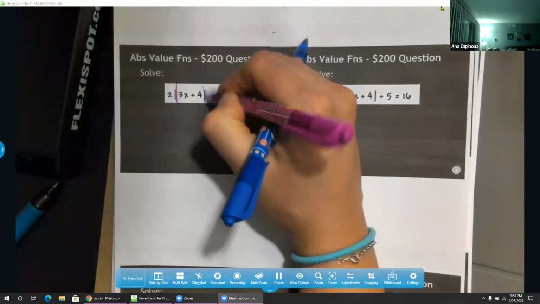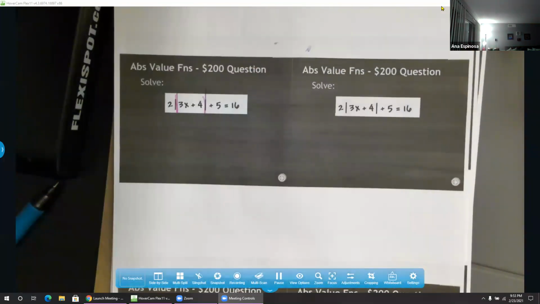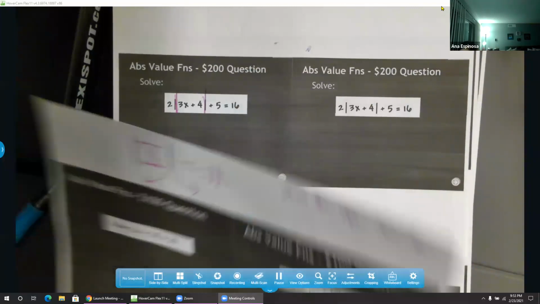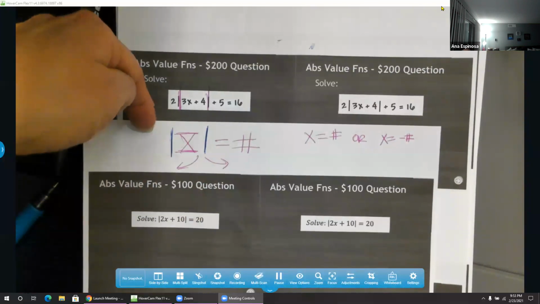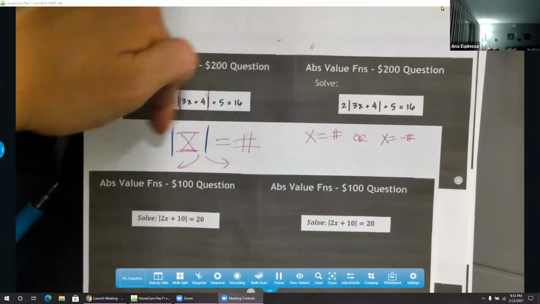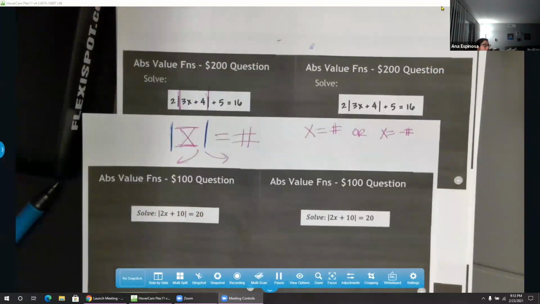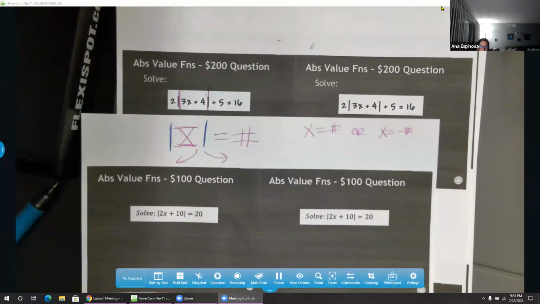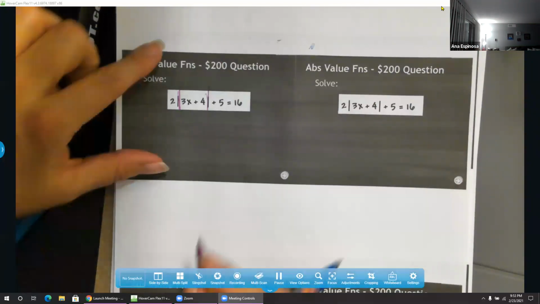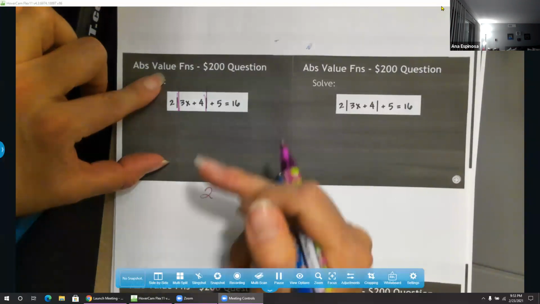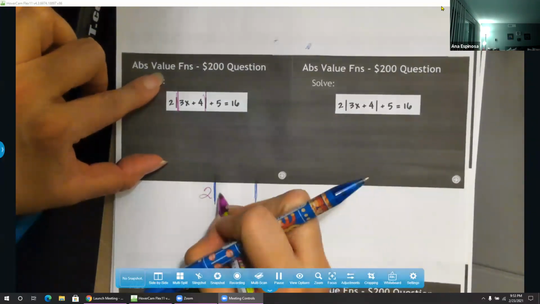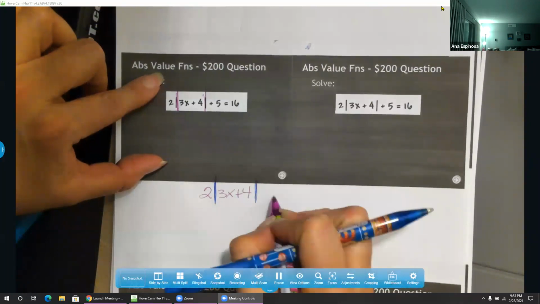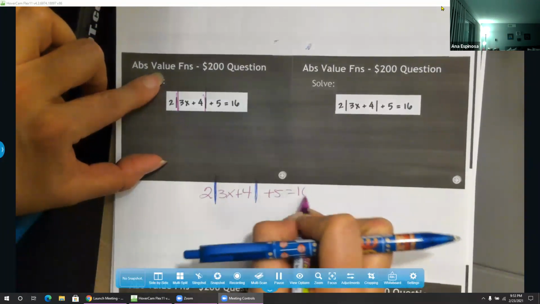The only thing you have to remember is that the absolute value bars need to be isolated, just like I had it here. So if the absolute values are not isolated and you got stuff on the outside or on the left side or on the right, you need to get rid of the stuff there before you begin working with this problem. So if I have the equation 2 times the absolute value of 3x plus 4, plus 5 equals 16.